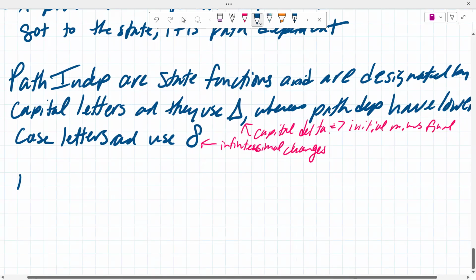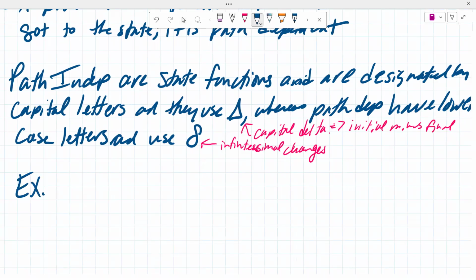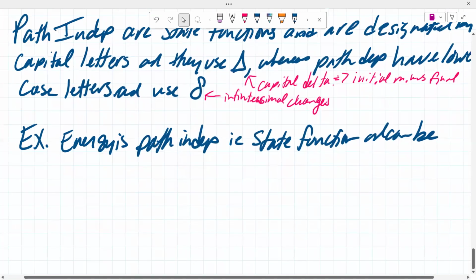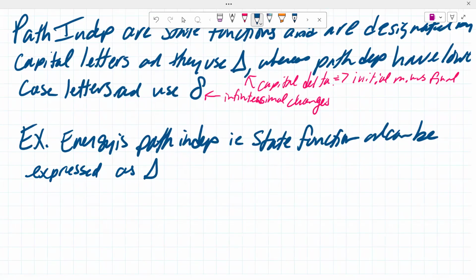Example. Energy is path independent. In other words, we could also say it's a state function, and can be expressed as delta instead of the actual integral.